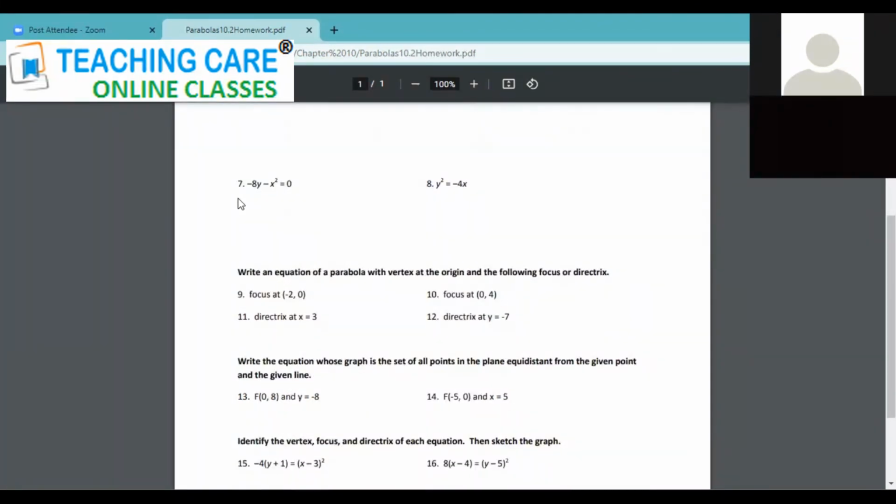Can we try number 7? Same, you have to tell me the focus and the directrix.